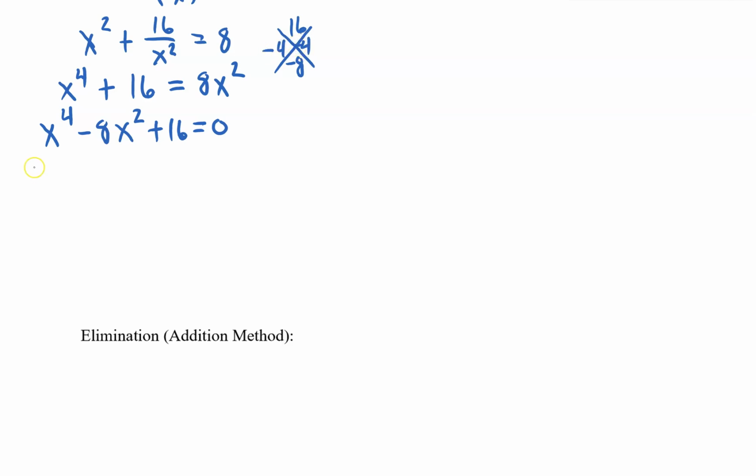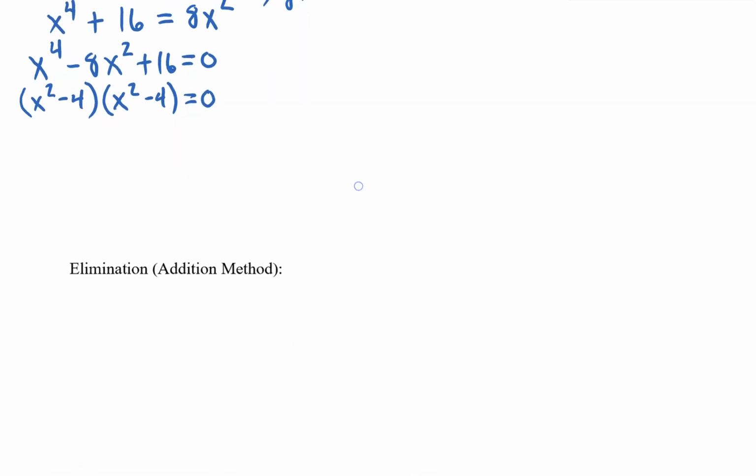And since we have two negative 4's, that would be x squared minus 4 and x squared minus 4 is equal to 0. Solve for one of them because they're both the same. So x squared minus 4 is equal to 0. That means then that x squared is equal to 4, and x would equal plus or minus 2.